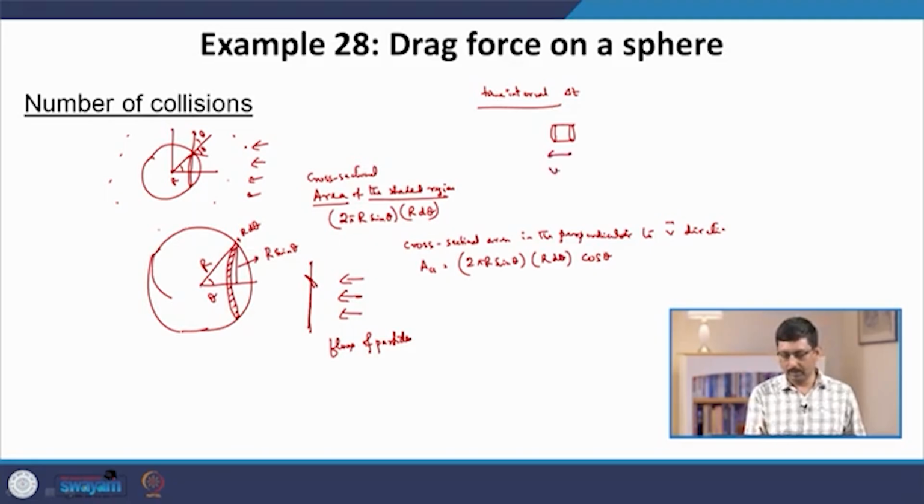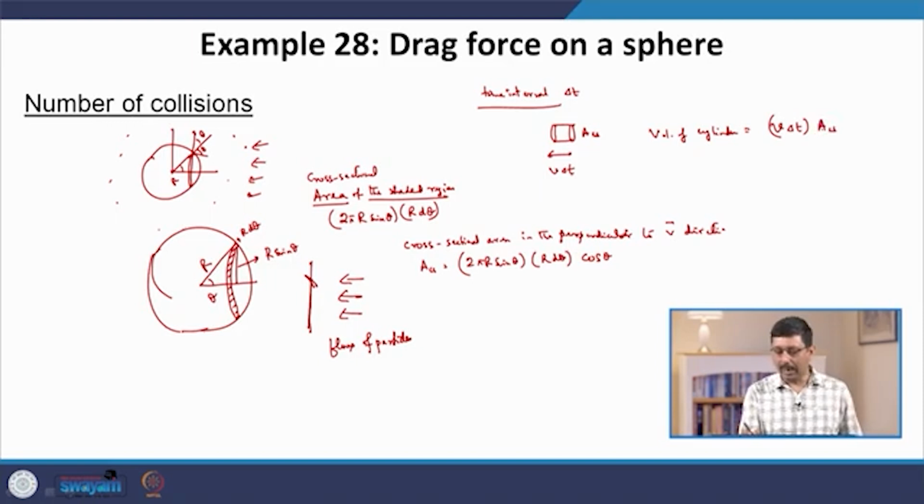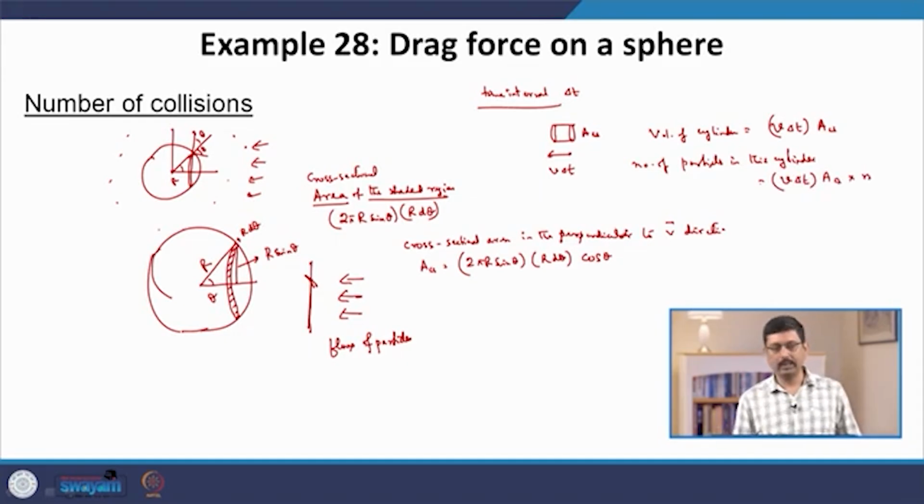So, they will be contained in a cylinder of length v delta t and a cross sectional area ACS, and so the volume of this cylinder is equal to v times delta t times ACS, and the number of particles in this cylinder is equal to v times delta t times the cross sectional area times n, where n is the number density.